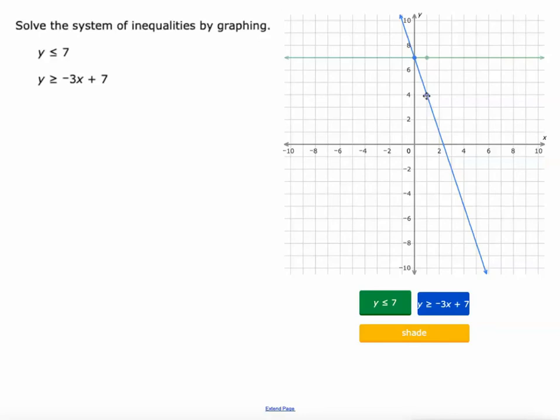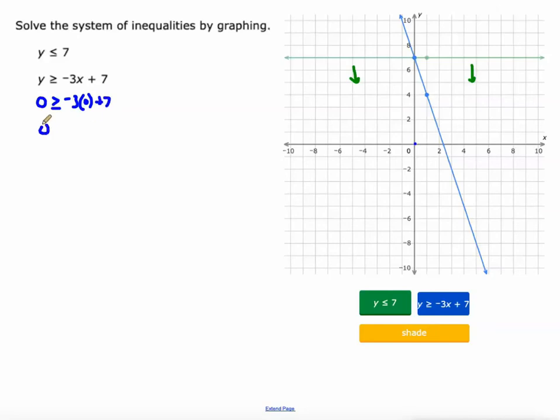There's our slope. Now as far as shading goes, I'll grab my colored pencil here. Y is less than 7. That would be all of these values right here. And then with this one, okay, that's a little bit tougher. How about we just check this point 0, 0. Is 0 greater than or equal to -3 times 0 plus 7?